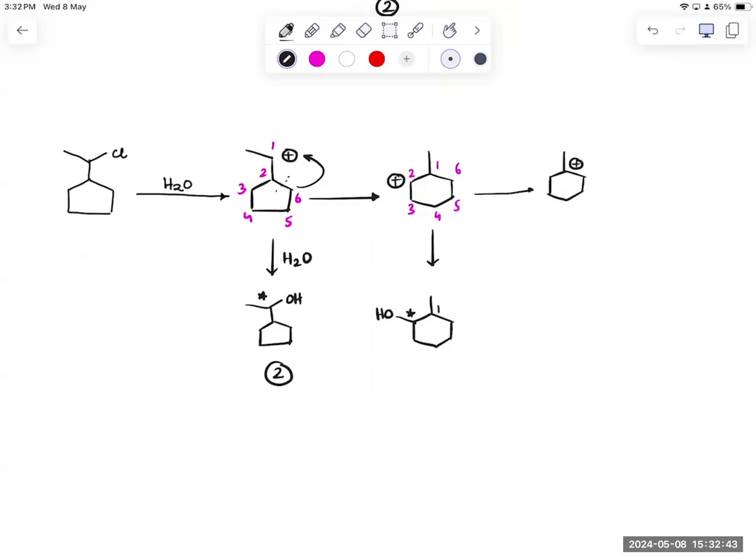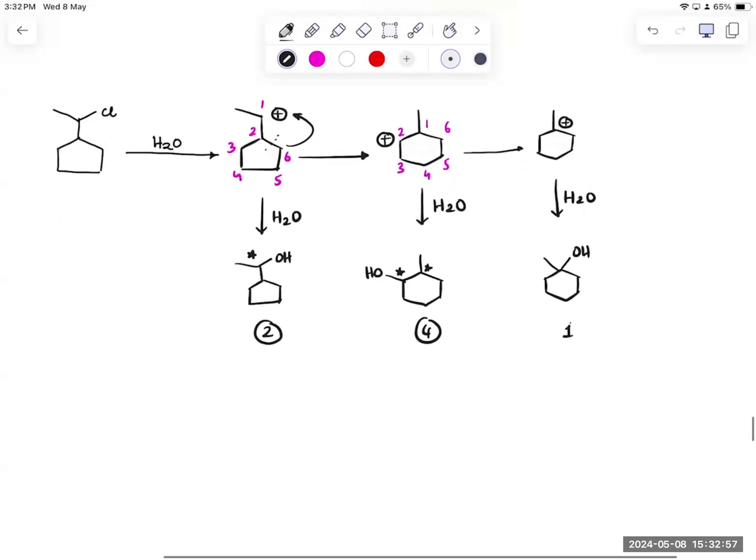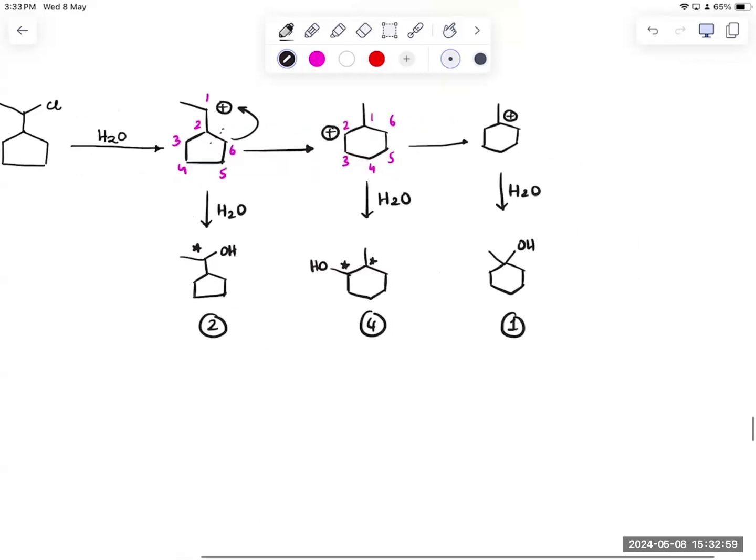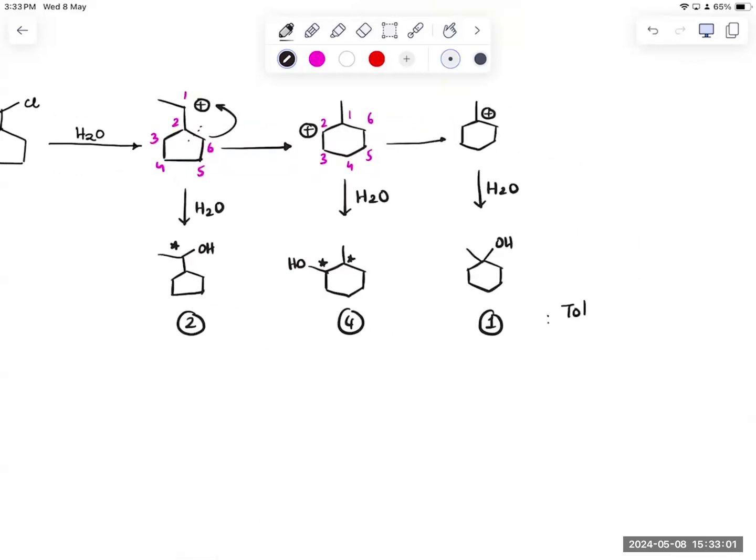Here, this is also a chiral center. This is also a chiral center. So you get how many products? Four products. And here, when you add water, you'll get OH here. This is not a chiral center, so only one product I'll get. So total number of products, total 7 products you'll get.